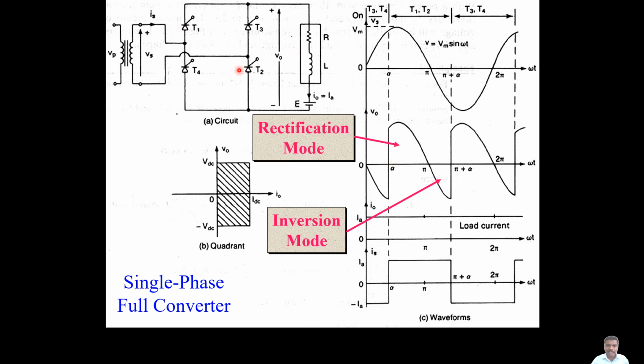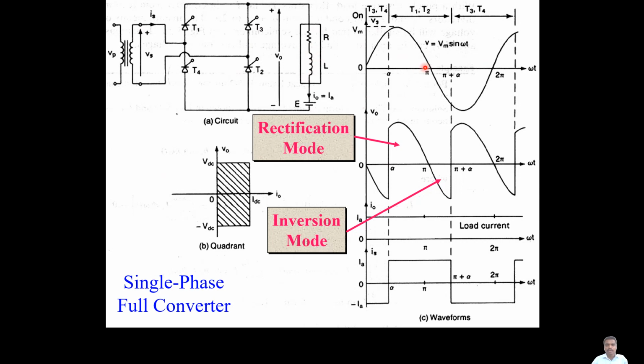For the positive half cycle, T1 and T2 will be conducting from alpha. After conduction of these two switches, when T3 and T4 are ready to conduct, the energy stored in the inductor will get discharged. So in the positive half cycle conduction of T1 and T2, the inductor will store the energy. During the natural commutation of T1 and T2, the polarity gets reversed and the inductor starts discharging.